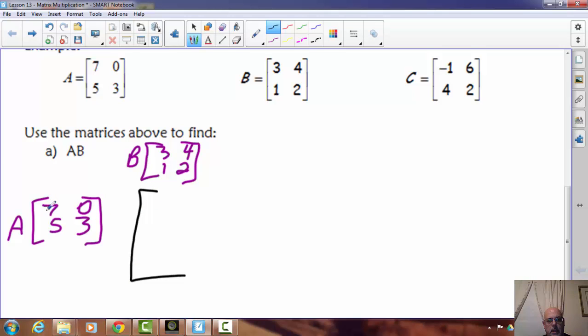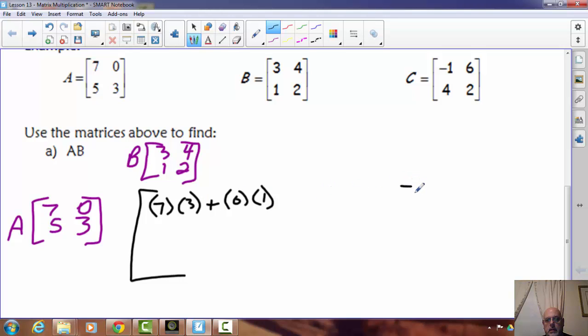So we're going to multiply the first row here by the first column there. Okay, so we have 7 times 3 plus 0 times 1. That will be the first element in the new matrix.